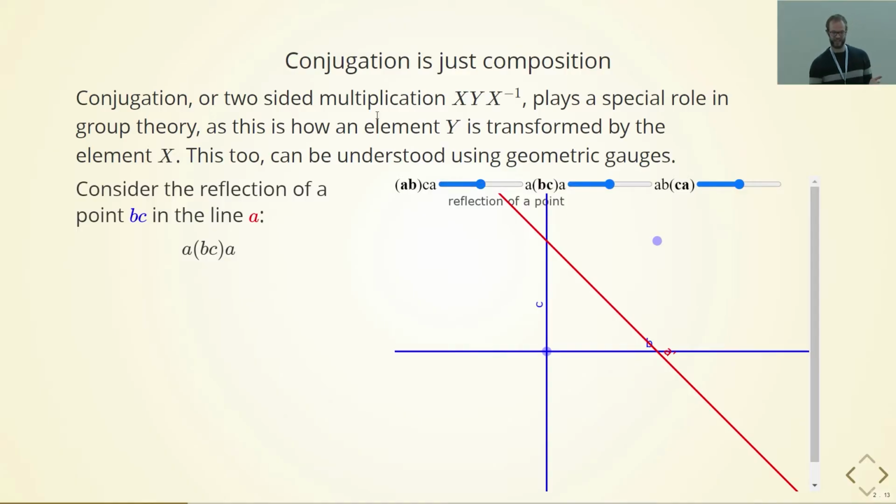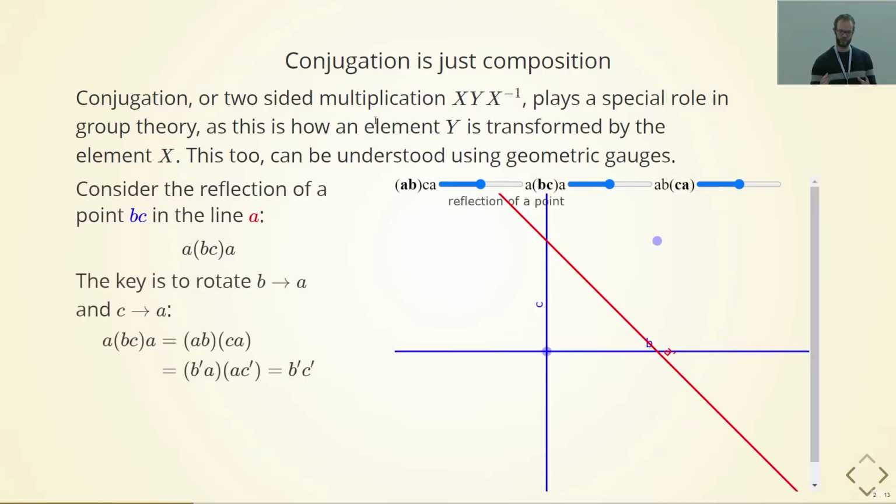So what is the key insight that I will use now to do the reflection? The key point is that I will take the reflection B and rotate it into an A. And I will also rotate C into an A, because then I have two copies of A that touch each other, and that will collapse. Whatever I'm left over with will be the new point B prime, C prime. So let's see if that works.